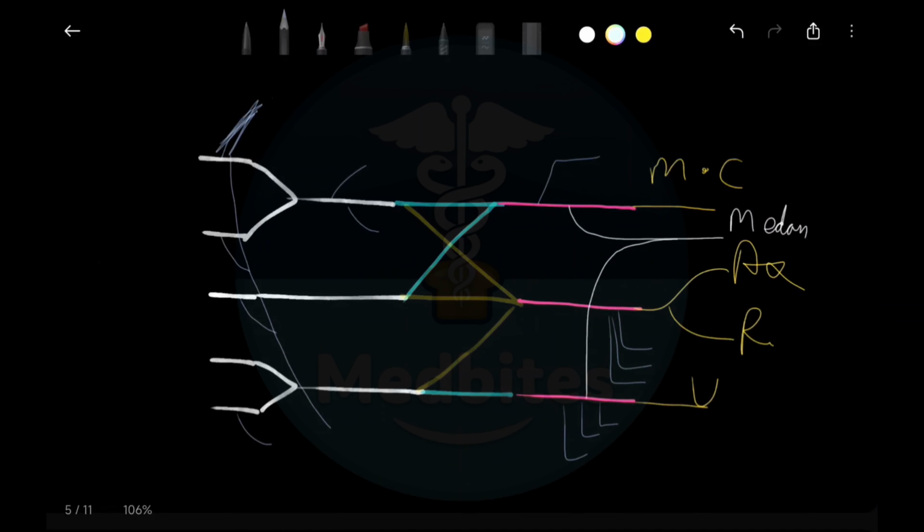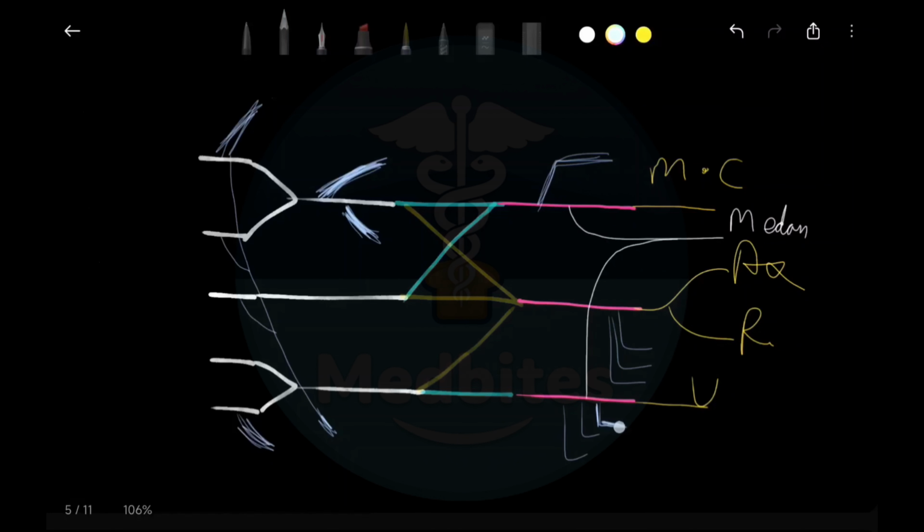This one is the dorsal scapular nerve. This is the long thoracic. This is the first intercostal nerve. This is the nerve to the subclavius. This is the nerve supplying the suprascapularis muscle. This is the nerve supplying the subclavius muscle. This is the lateral pectoral nerve.